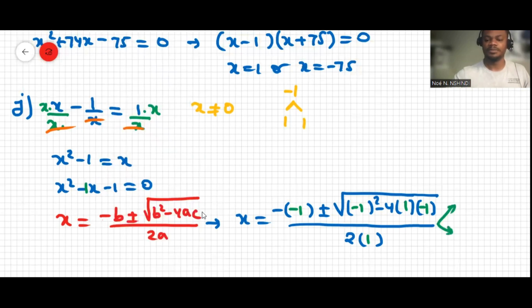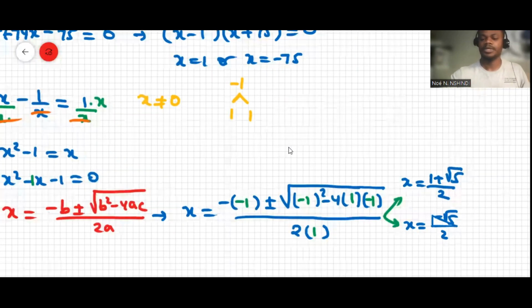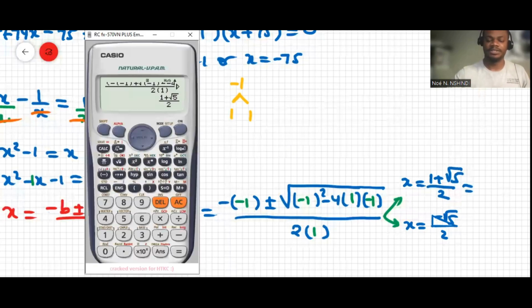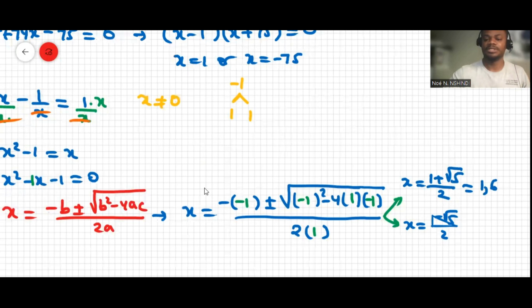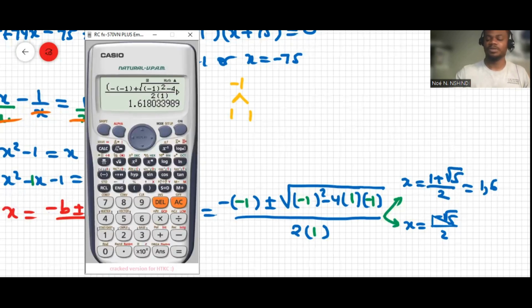Now when we hit equal, this means two solutions. One is x equal to 1 plus √5 over 2, and the other is 1 minus √5 over 2. But now, because the question says that we need to answer to one decimal place, the first is going to be 1.6, because after that it's 1.